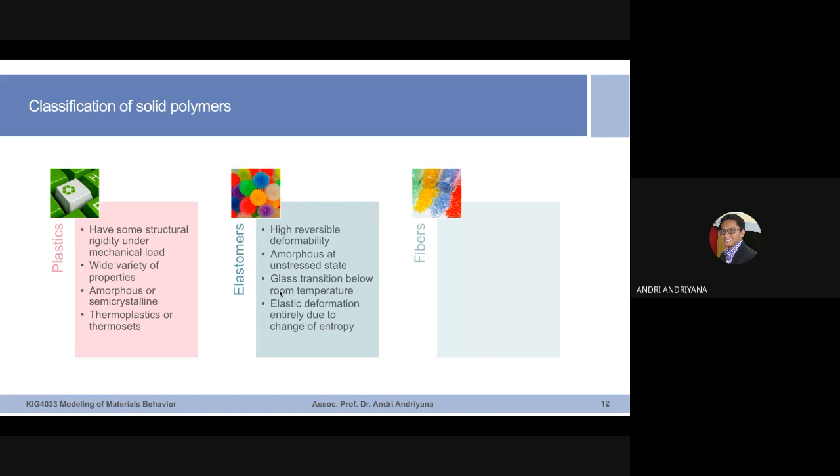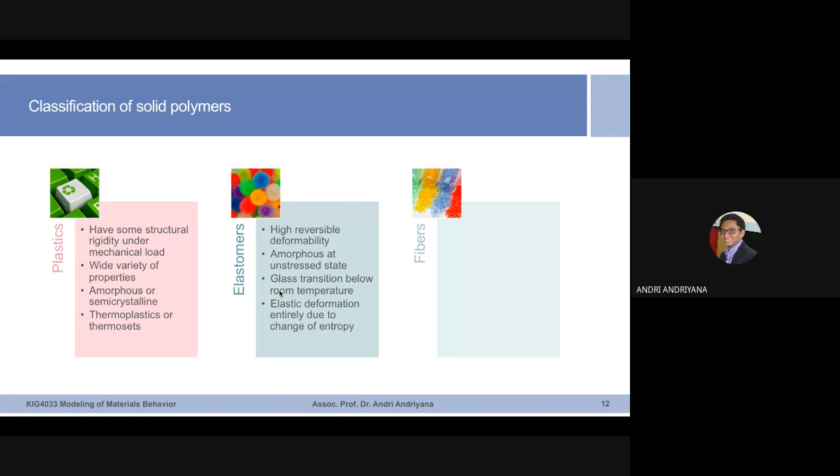Different polymers will have different glass transition temperatures. Elastomers have a glass transition temperature which is way below room temperature. Because it is way below room temperature, at room temperature they behave like rubber, like elastomer. And then we have learned in the thermodynamics of deformations that in the case of elastomers or rubber, elastic deformation is entirely due to the change of entropy.